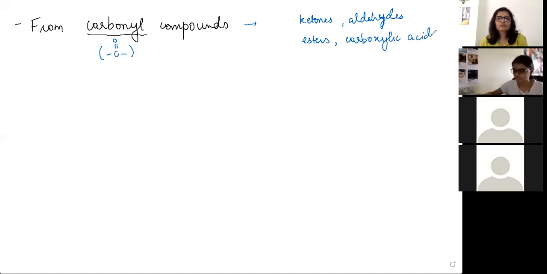So ketones and aldehydes are basically the same thing. They contain C double bond O and either hydrogen or carbon chain directly. Esters and carboxylic acids have one more extra oxygen apart from your regular C double bond O.